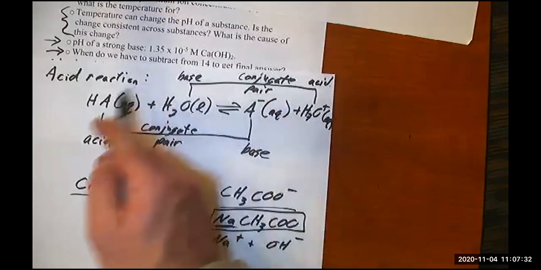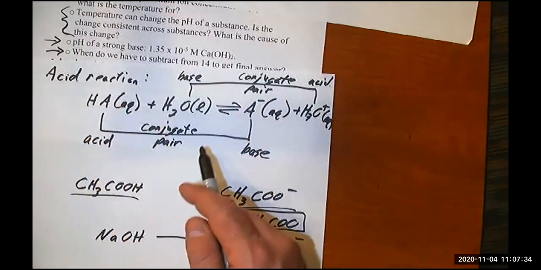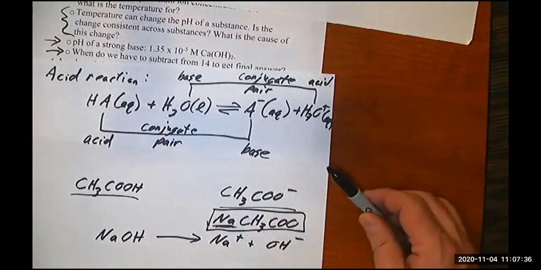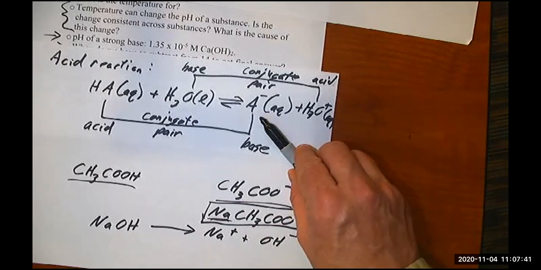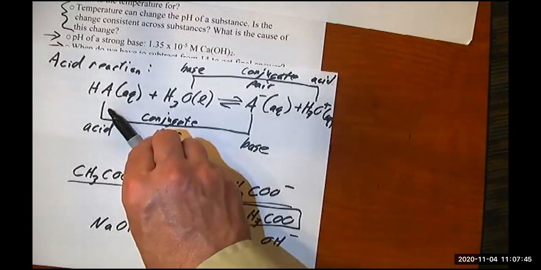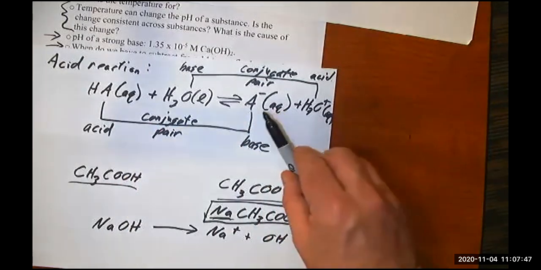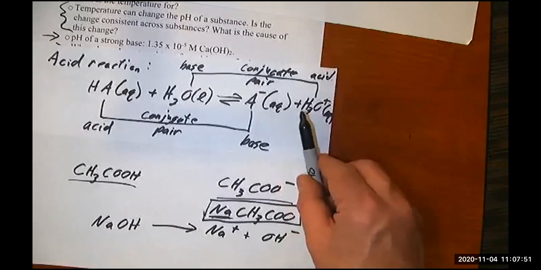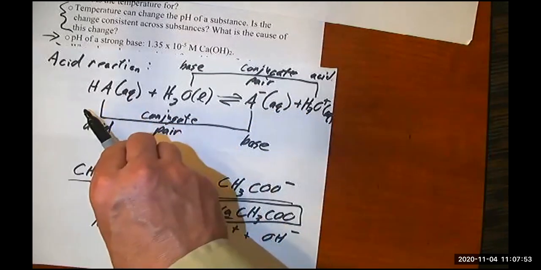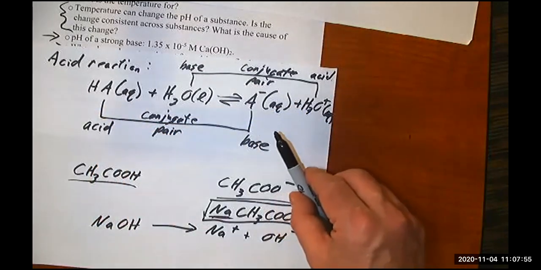Well, we have this reaction up here going on. So if we add in the acetate, which is this species here, the A-, and we don't start with any of the HA acid, the acetic acid, so we just put in the A-, then the equilibrium has to shift from products to reactants, from right to left.